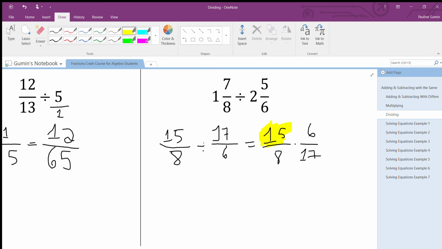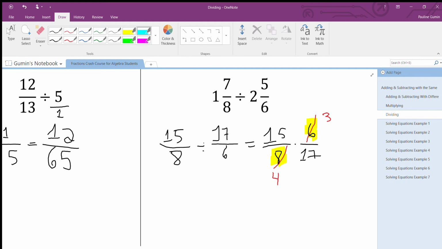Can we reduce this 15 with 8 or 17? Unfortunately not. How about this 6? Why, yes we can. We can reduce it with that 8. We can divide 6 by 2 and get 3. And we can reduce 8 by dividing that by 2 and getting 4.